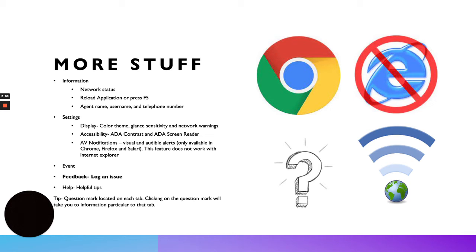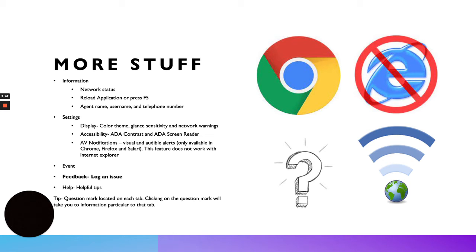So before I log out of Max Agent, I double check that. I click on information, and in that information log, you'll see your name, your username, but you'll also see your telephone number that you put in there, and also the number that the person sees if you were to make an outbound call and call them, okay?